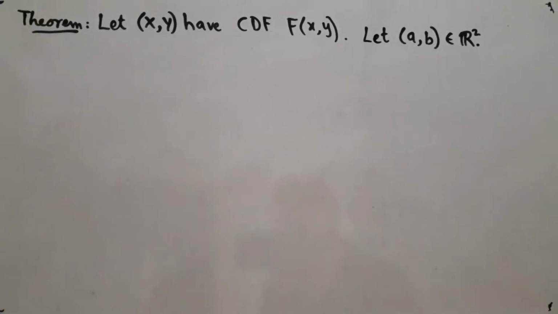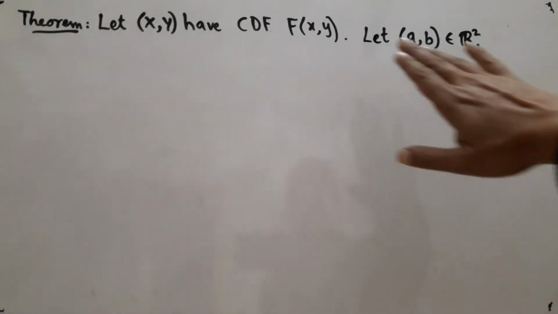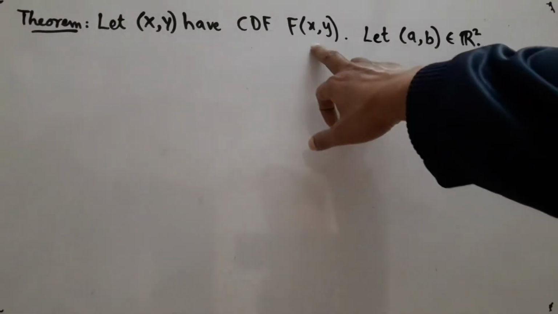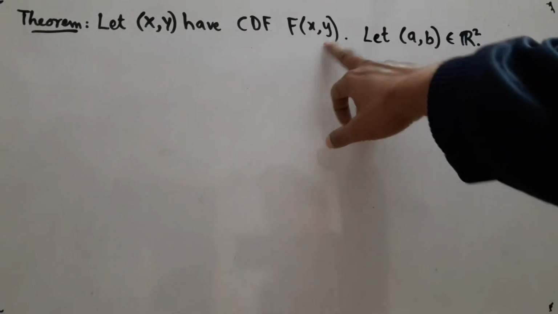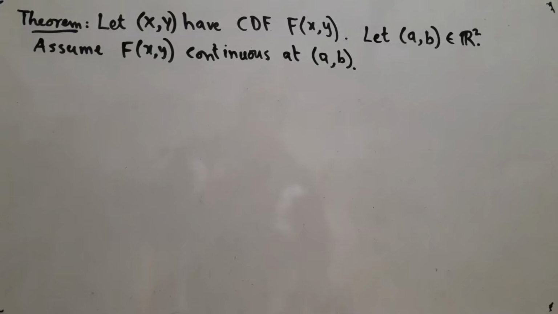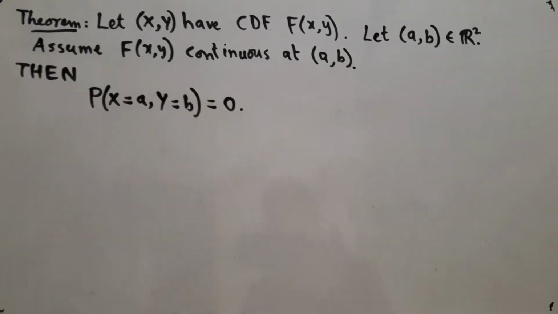Now, instead of assuming that F is continuous everywhere, I will just assume that F_XY is continuous at the point (a, b). That's enough. Then, the probability that X equals a and Y equals b must be equal to 0.